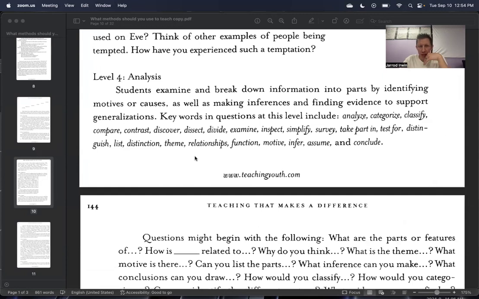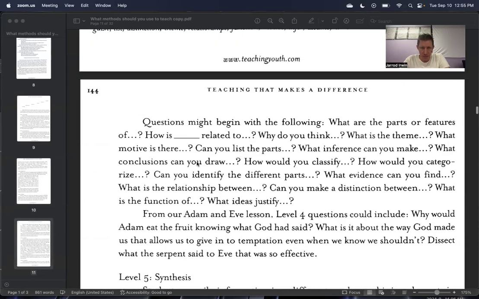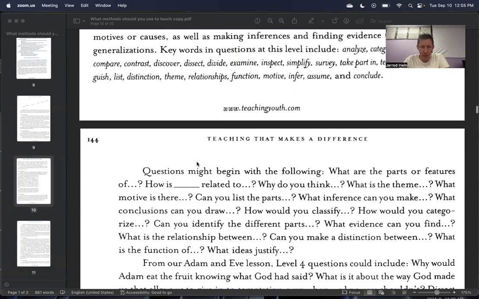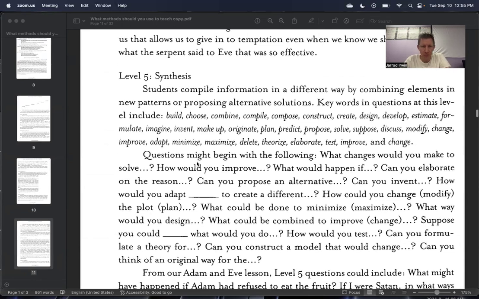Level four is analysis. Students examine and break down information into parts by identifying motives or causes, as well as making inferences and finding evidence to support generalizations. So that's technically what analysis means. It's breaking things down, dissecting.